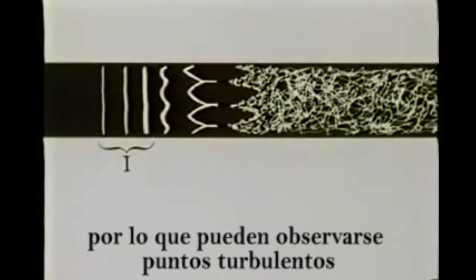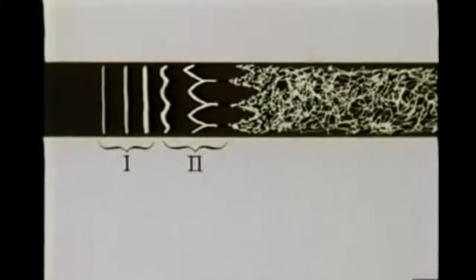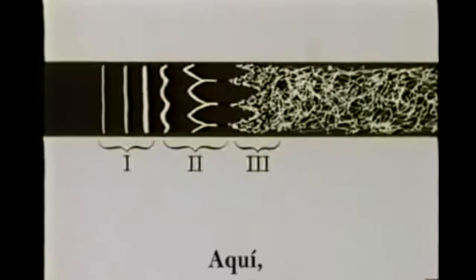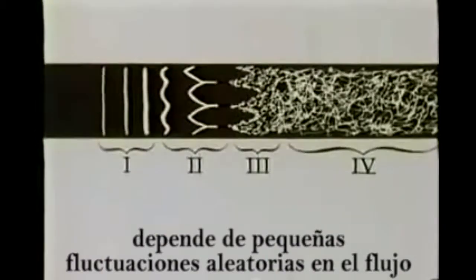Then turbulent spots can be seen. And finally, fully turbulent flow appears. Here, the exact position where growth of two-dimensional disturbances begins depends on random small-scale fluctuations in the flow, and therefore varies with time in a random way.